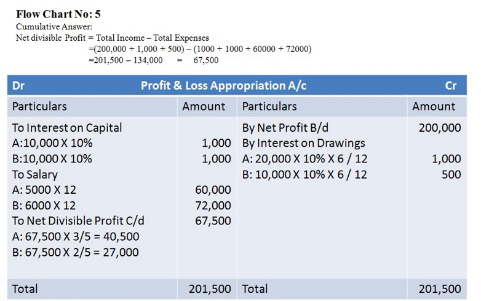Out of 5, 3 belongs to A, out of 5, 2 belongs to B. A's share is 67,500 times 3 by 5, B's share is 67,500 times 2 by 5. That way we are distributing the divisible profit, final profit. That's all. Thank you.